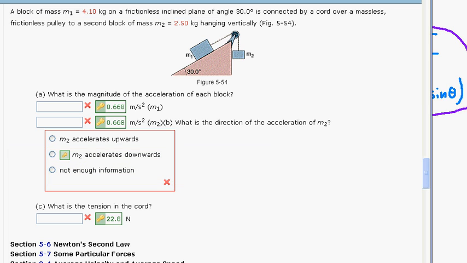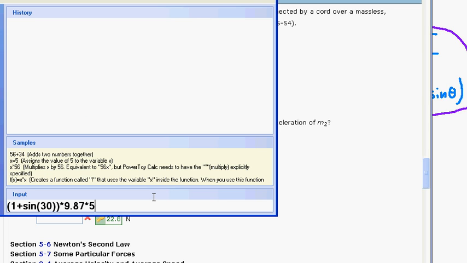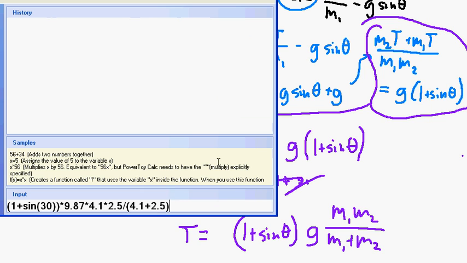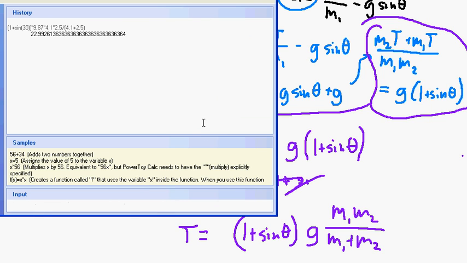So 4.1 times 2.5 divided by 4.1 plus 2.5. All right, that was right, that's what it's supposed to be. So 22.99 is our tension in the cord.